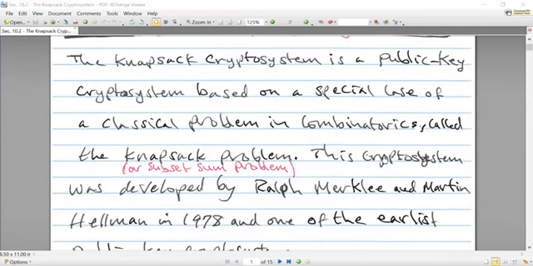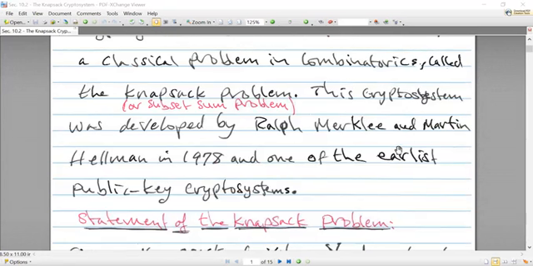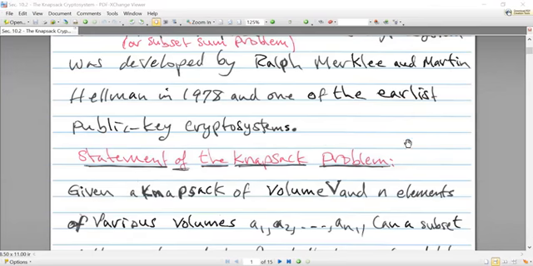So this crypto system was developed by Ralph Merkle and Martin Hellman in 1978. And again, it is one of the earliest public key crypto systems. Let's state first what is called the knapsack problem, and then see how it is used.